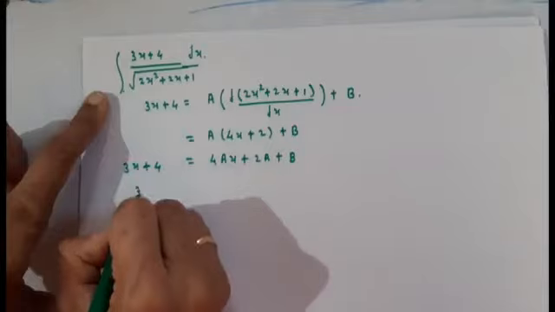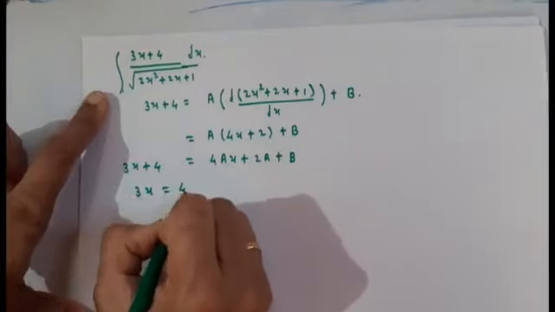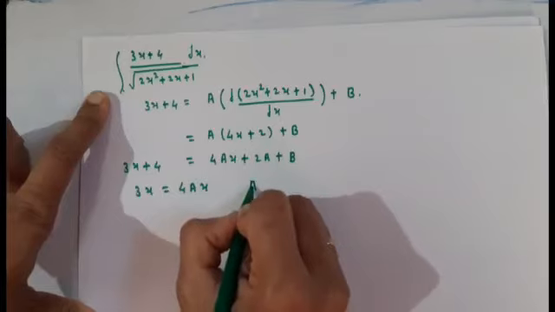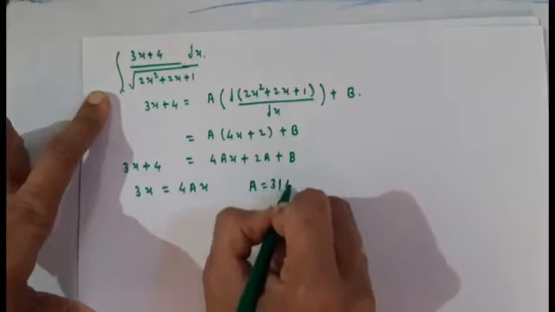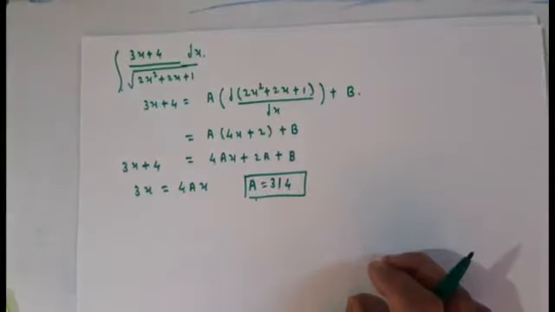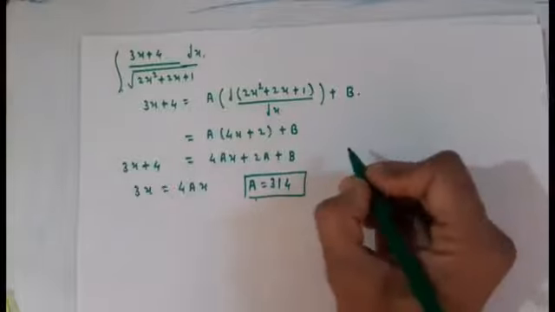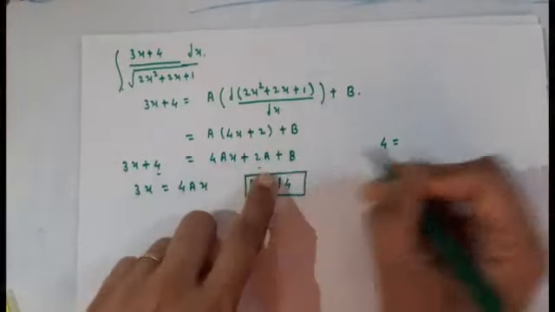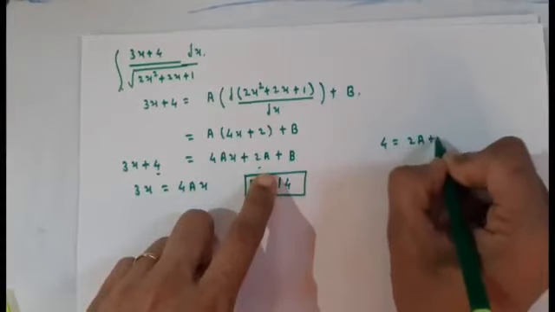Now compare the coefficient of x, we get 4a equal to 3, so the value of a equals 3 by 4. Now compare the constant term. Here the constant term is 4, which equals 2a plus b.